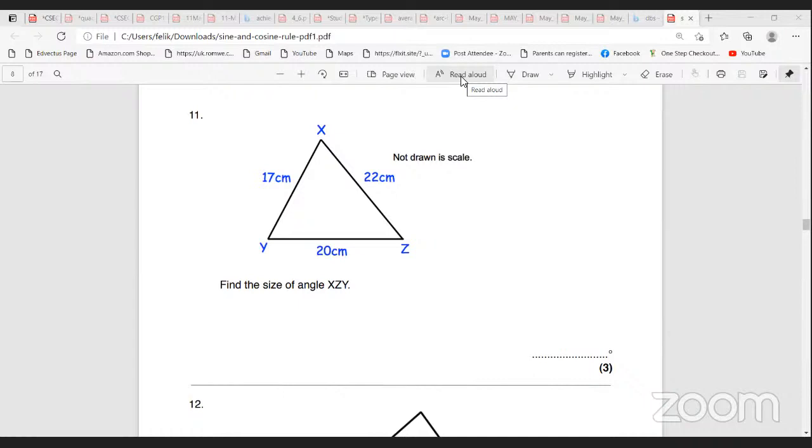No, miss, you cannot use sine. All right, good. So go ahead and write down the cosine. Miss, I cannot write, I can only talk because my hand is dirty. All right, so someone else needs to write.